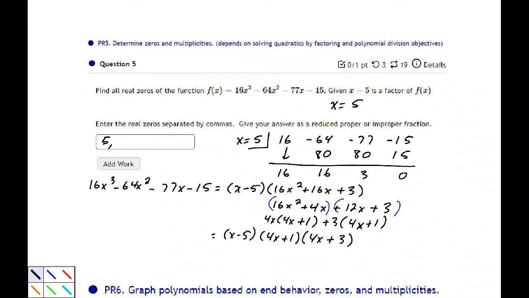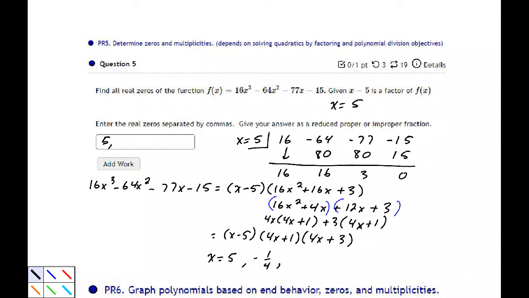So my original polynomial factored as (x minus 5), one quantity, (4x plus 1), that's another quantity, and (4x plus 3), that's a third quantity. So setting each one of those equal to 0, we see that x minus 5 will equal 0 when x equals 5. 4x plus 1 will equal 0 when x is negative 1/4.